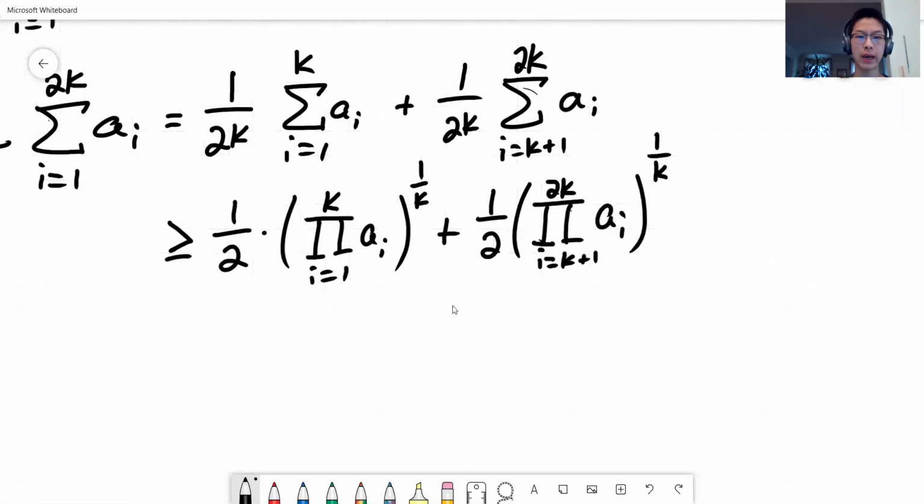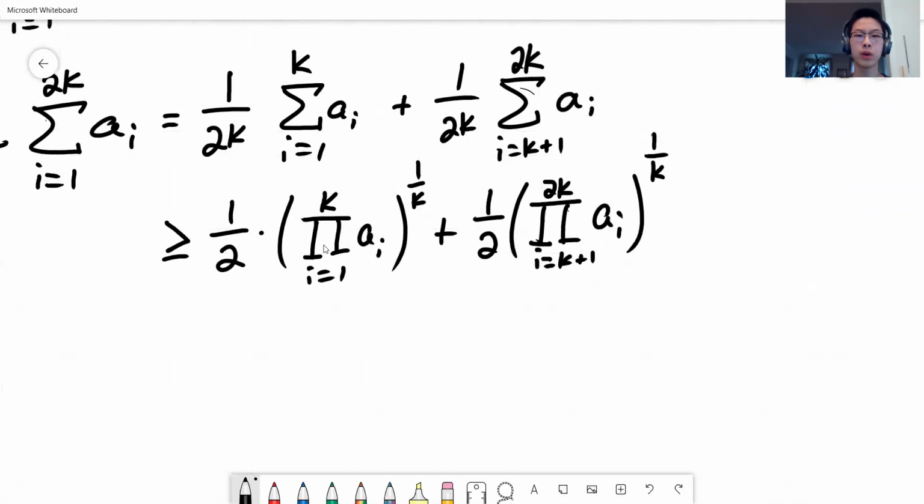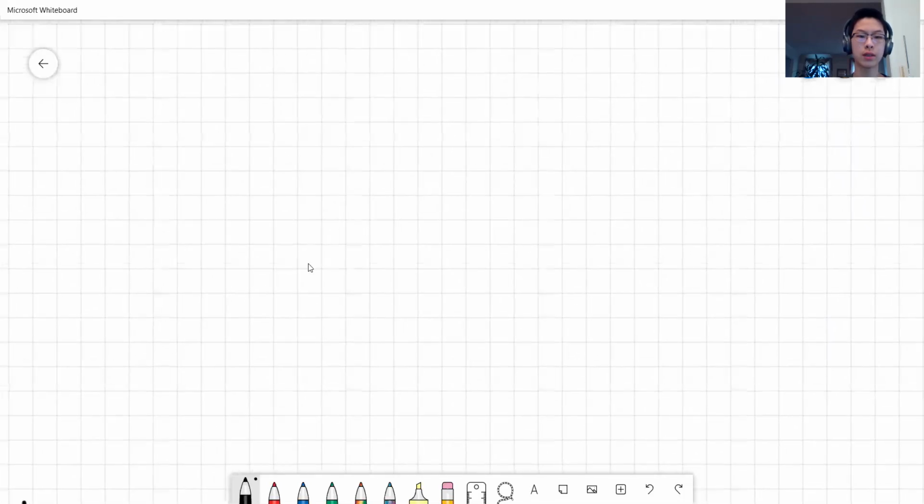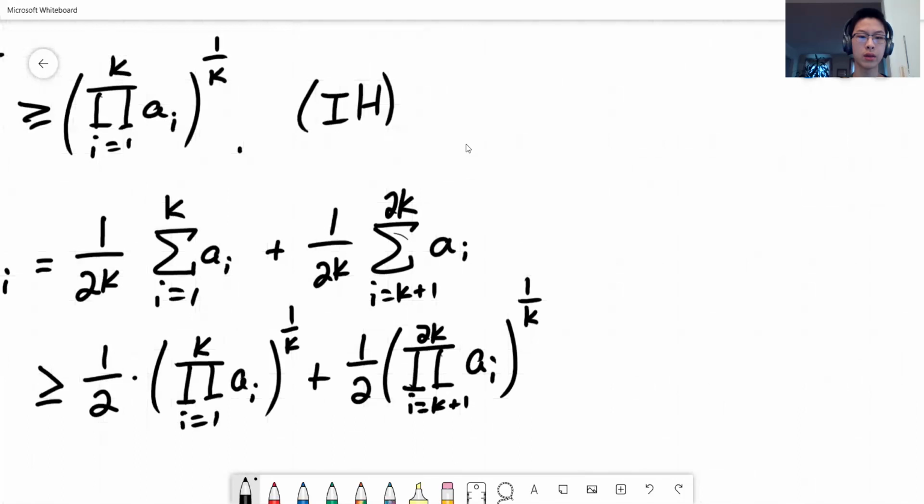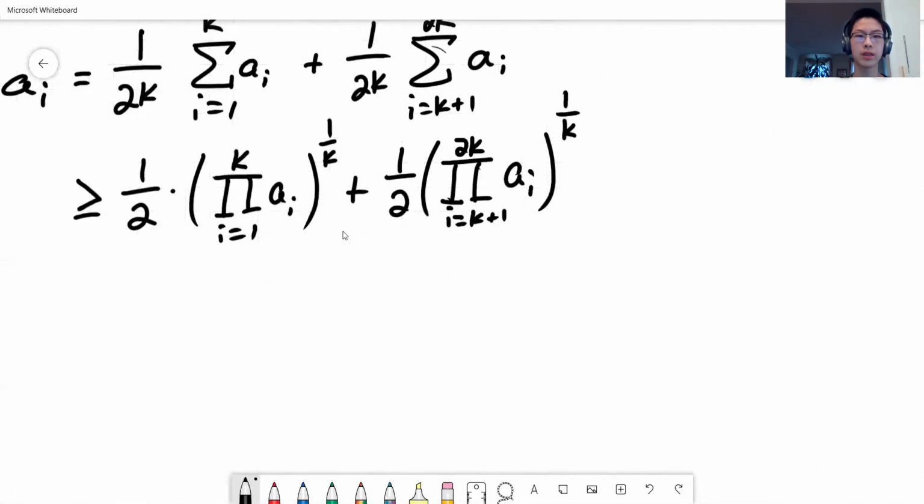Okay, so now let's observe that we can take the 1/2 out, and notice that this is really an average of this term and this term.